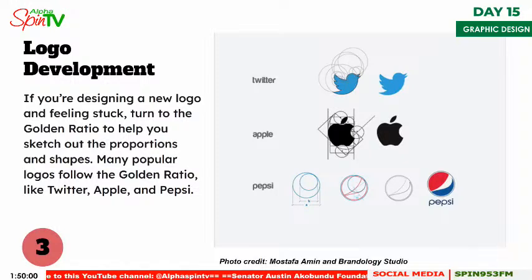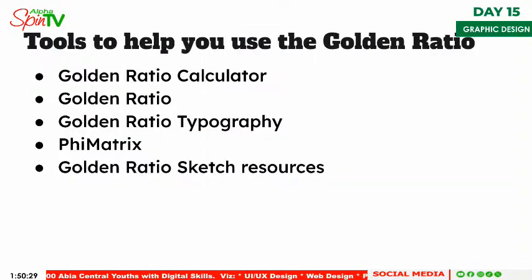You can see the rectangle, the circles here, and then where the ratio came from: the golden spiral. Tools to help you use the golden ratio: golden ratio calculator, golden ratio typography, font metrics, golden ratio sketch resources.